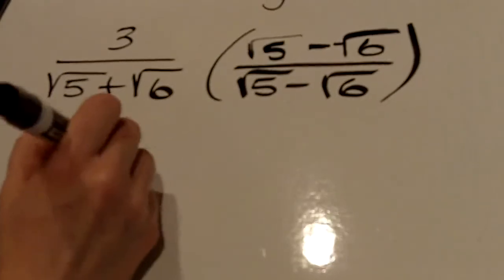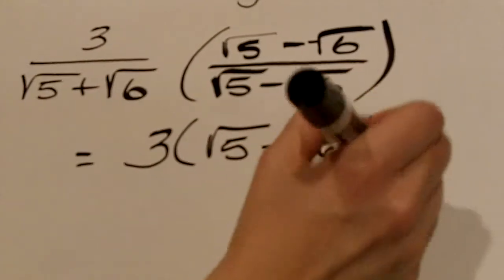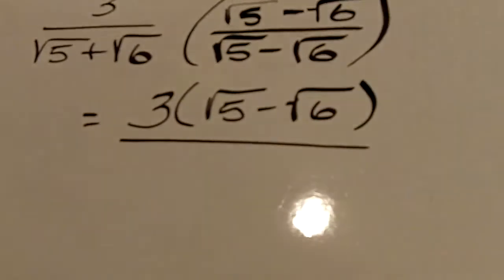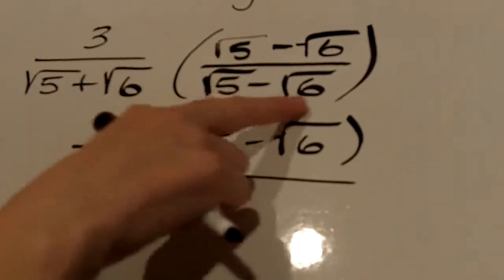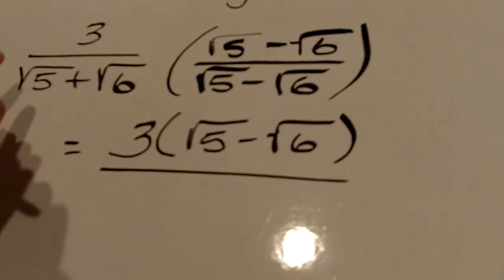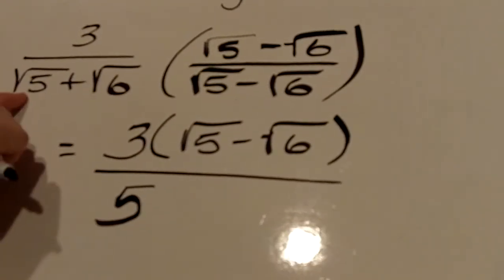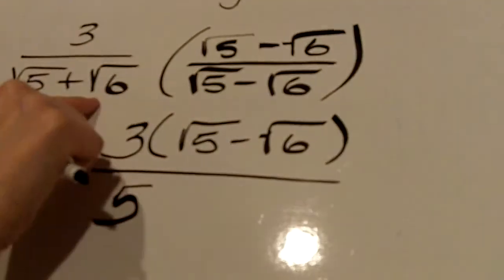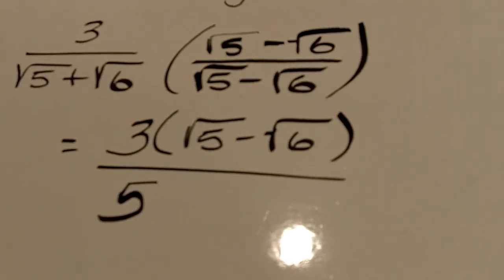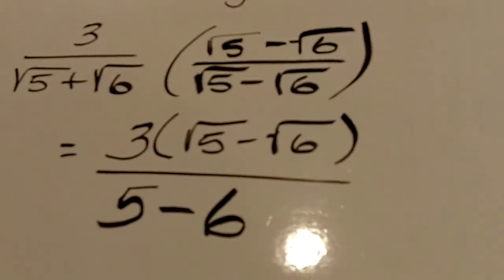So the numerator, I don't like to distribute, so I would leave that 3 outside of a set of parentheses rather than distributing it in. And the denominator, when you multiply this binomial times this binomial, you have to FOIL. But you use the conjugate because when you multiply first times first and get 5, and multiply radical 5 times negative radical 6 and radical 6 times positive radical 5, your outer and your inner add to 0, and then your last, radical 6 times negative radical 6, is negative 6.